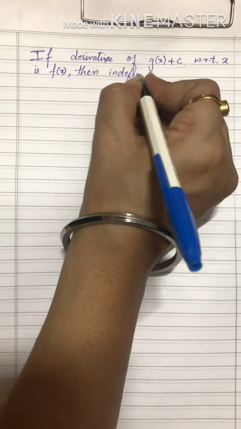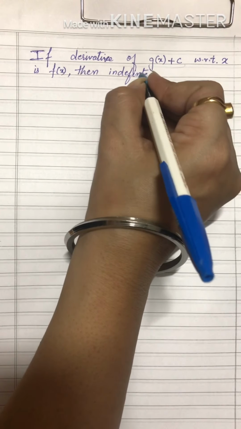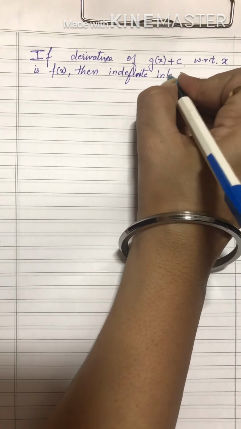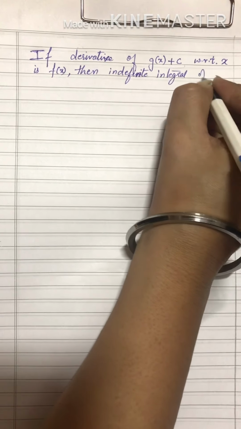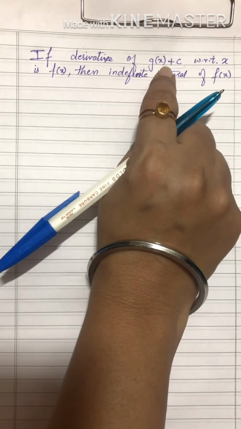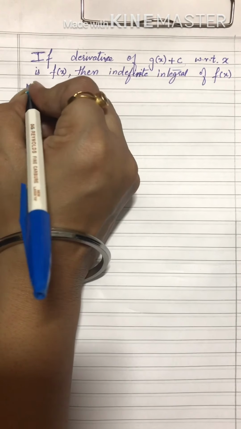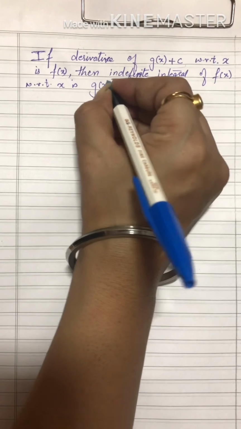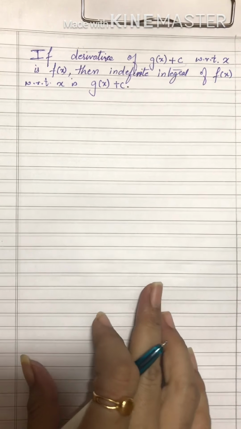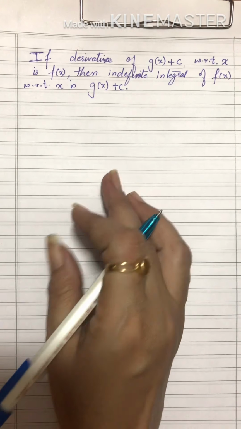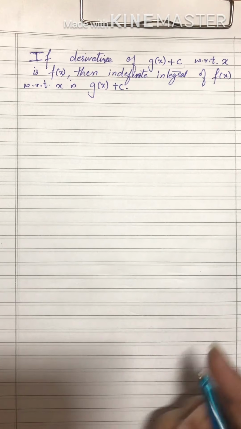Then the indefinite integral of this function, which you obtain after differentiating the given function with respect to x, is g of x plus c. Technically, using textual language, it may be difficult to understand.